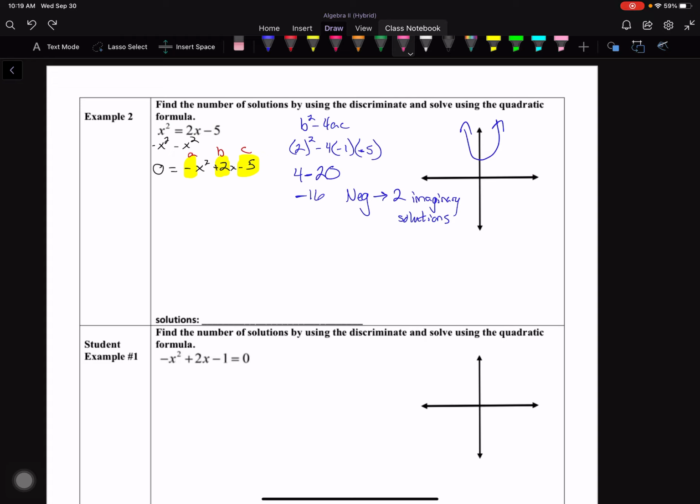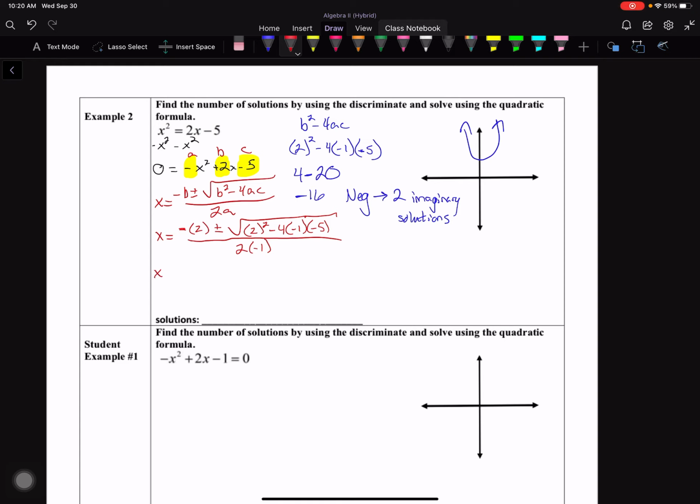All right, let's go ahead and find those actual solutions by using the quadratic formula. Negative b plus or minus the square root of b squared minus 4ac all over 2a. Plugging in the numbers, negative 2 plus or minus the square root of, we did this part already, but again, I'll fill in the numbers. 2 squared minus 4 times -1 times -5, all over 2 times -1.